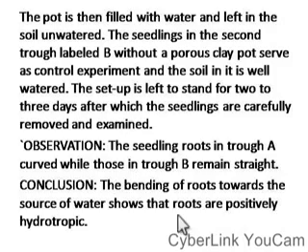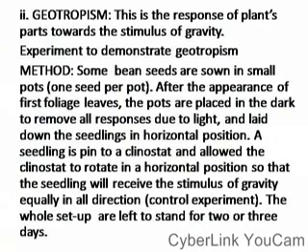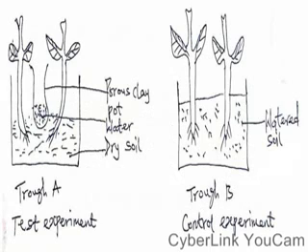Observation. Before observation, let us look at the drawing. So this is the diagram for the test experiment. The setup in trough A serves as the test experiment. What makes it the test experiment is the presence of this porous clay pot.